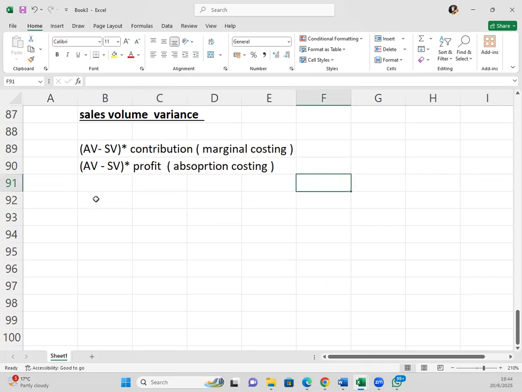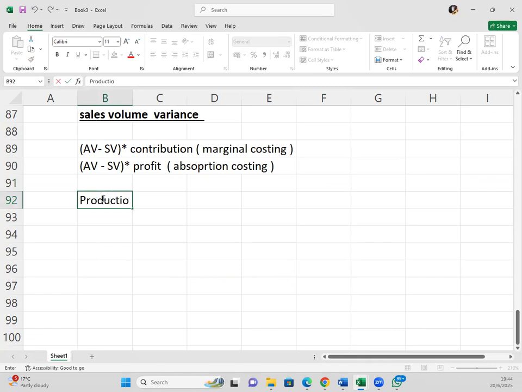If they give you production costs that are semi-variable, they consist of both. Production costs are semi-variable. They have both the fixed and variable element.